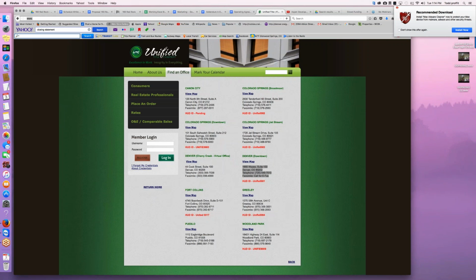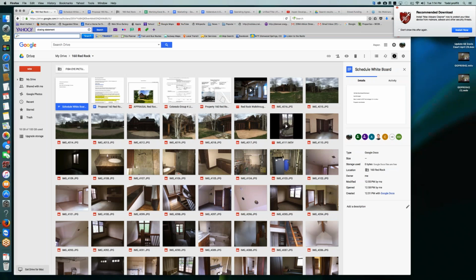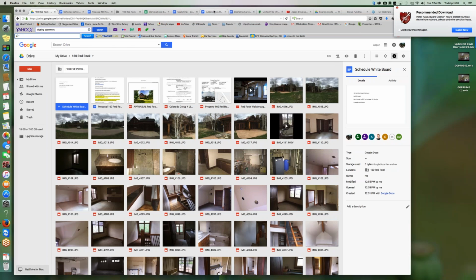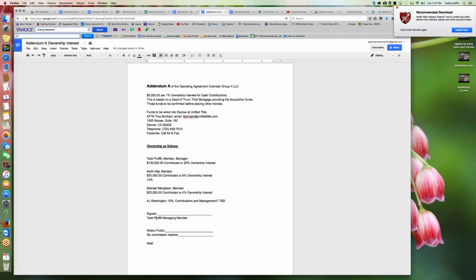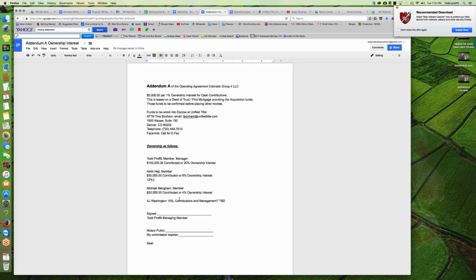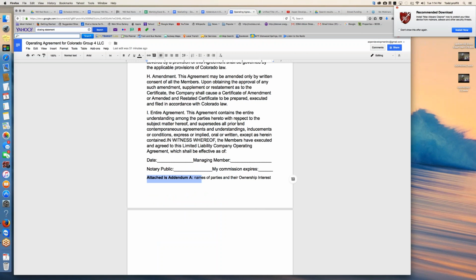Otherwise, what I'll do is I'll be sending you the package, which you already have, but then I will send you your specific addendum. So what I do now is I send out the addendum with your contribution, and then I sign it as the managing member. I have it notarized, and you keep those original documents, along with the operating agreement, which is the structure of the payoff at the end.